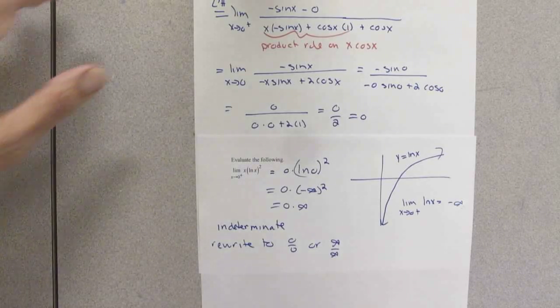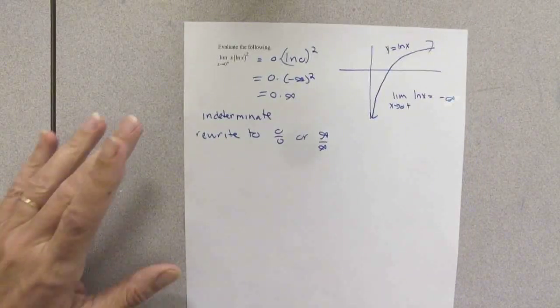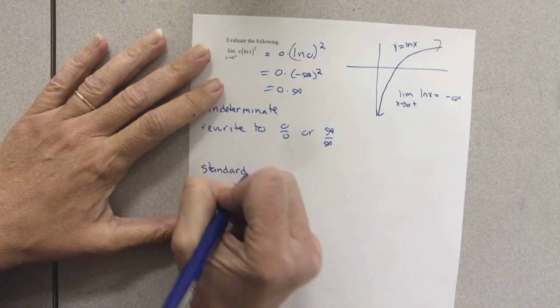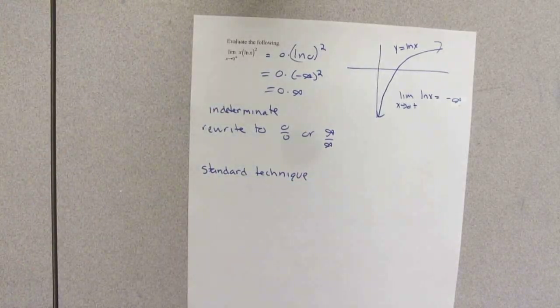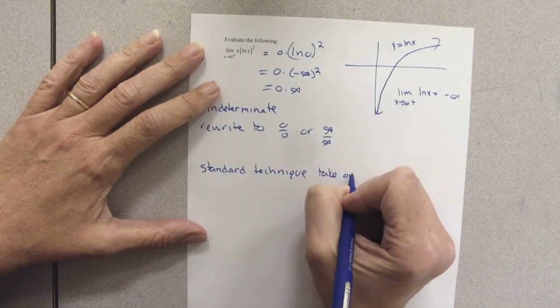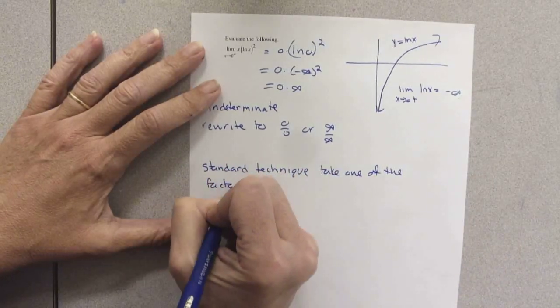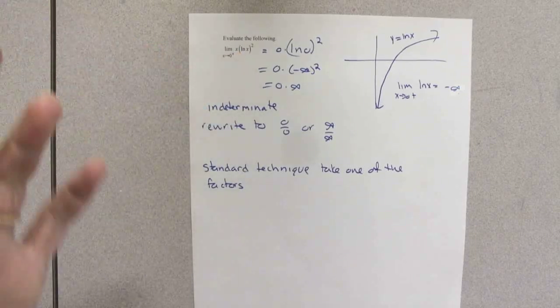L'Hopital's works on. Now there is a standard technique for these, which is going to work for the things that we do in this class. You're going to take one of the factors, so in this case, either x or natural log of x quantity squared.